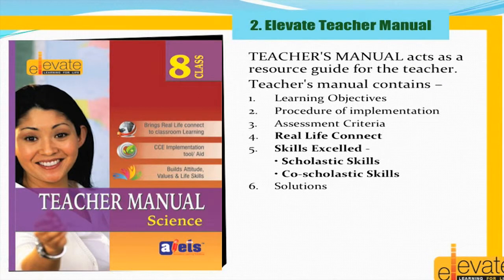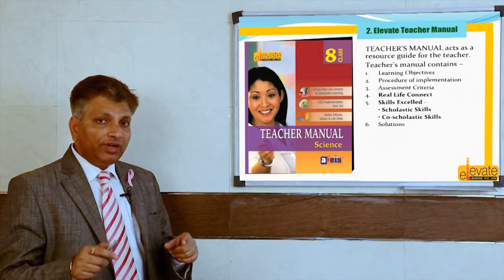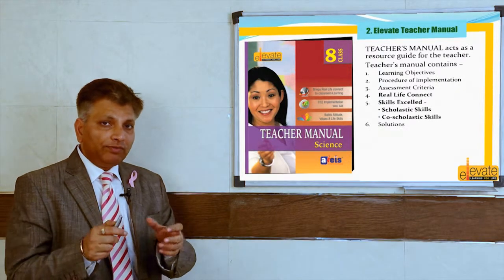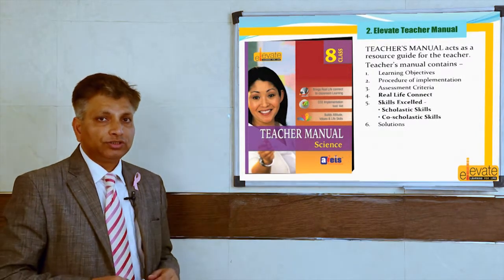This will remain in the hands of the teacher. This is their teacher manual or the lesson plan, which describes learning objectives of the activity, procedures of implementation, assessment criteria, real life connect. In every activity we have involved real life connect.